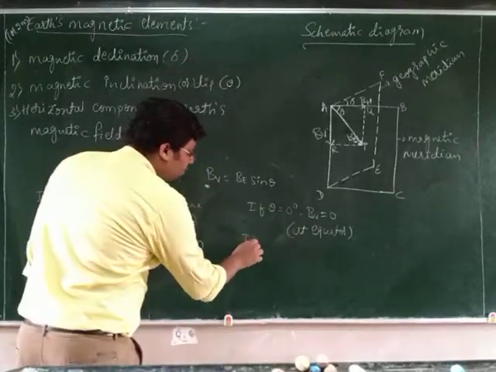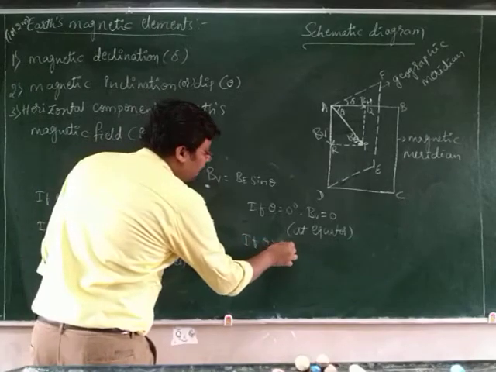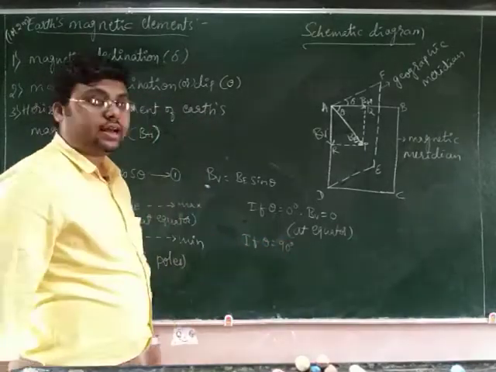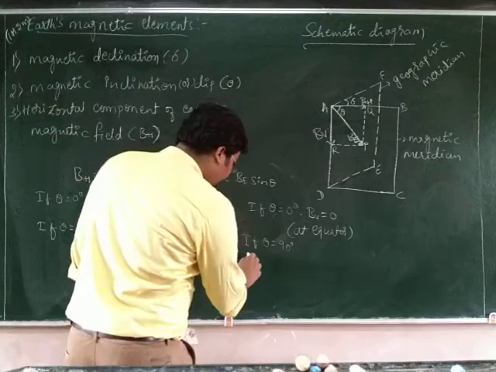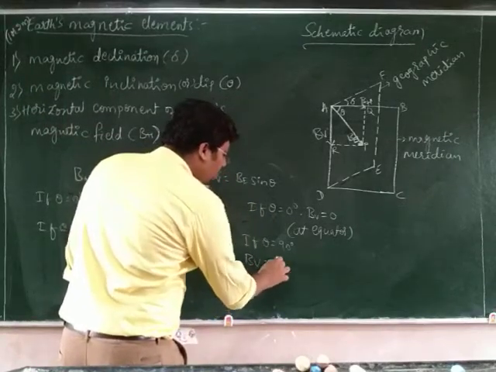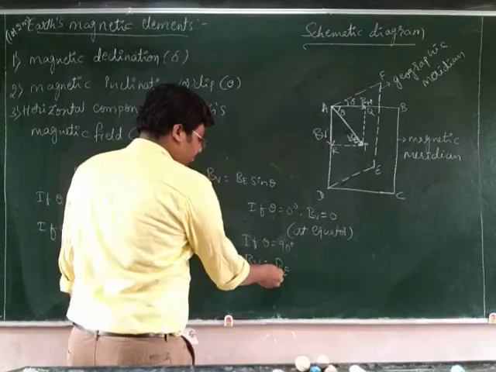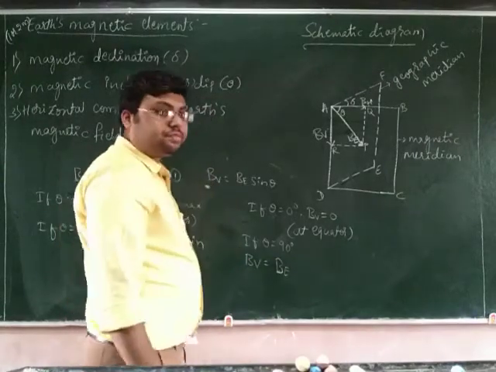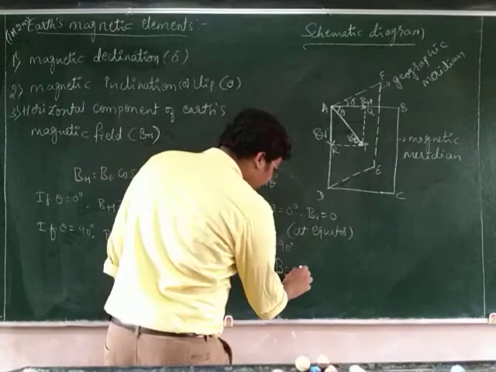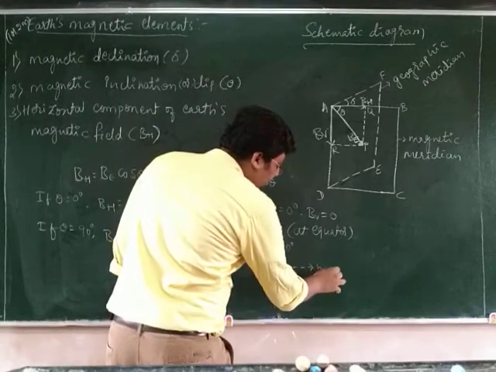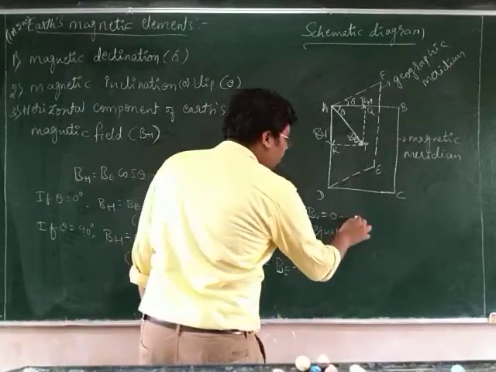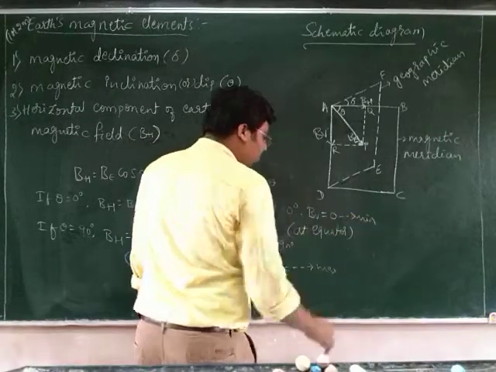If theta is equal to 90 degrees, the same case applies. Then BV is equal to BE sin 90, which is 1. So this is maximum, and this is minimum.